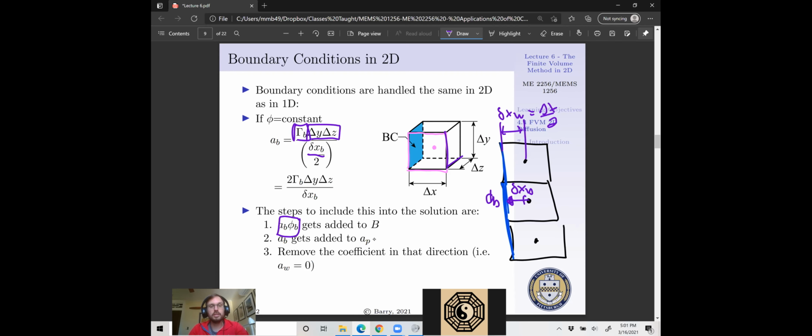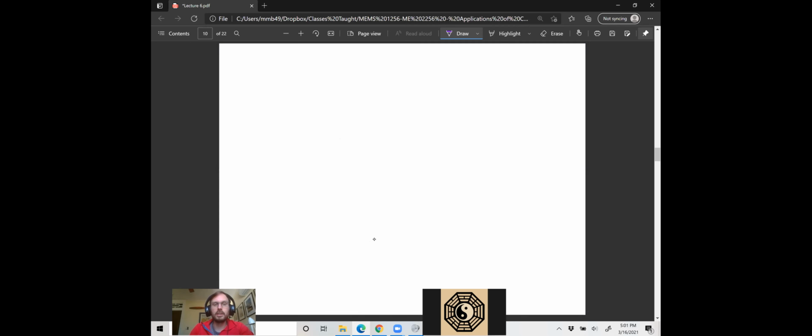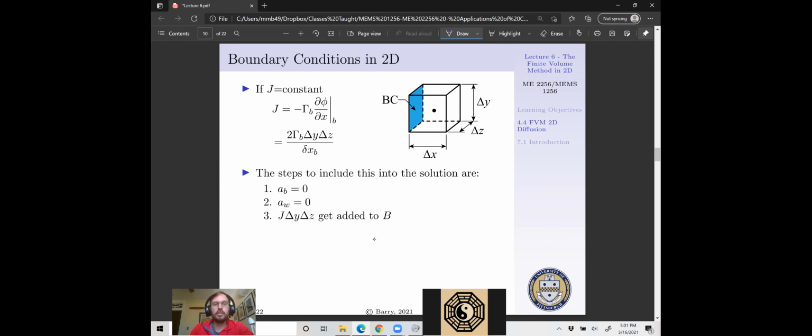And if we had a flux condition, we do it the same way. All we have to do is specify that flux at that particular location. The cool thing about this is your flux is just the negative of your diffusivity times del phi del x evaluated at your boundary.